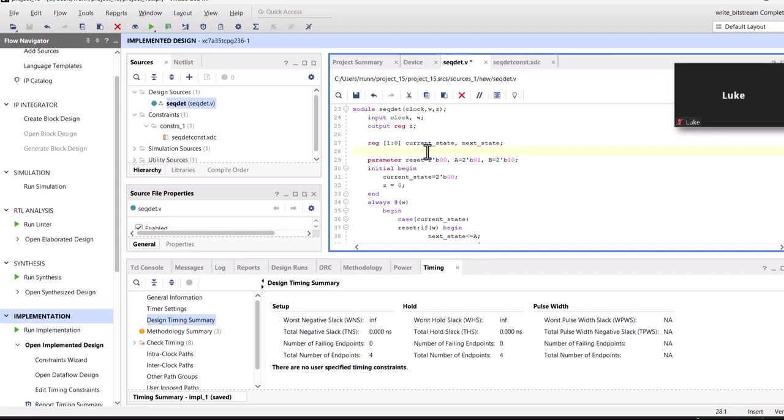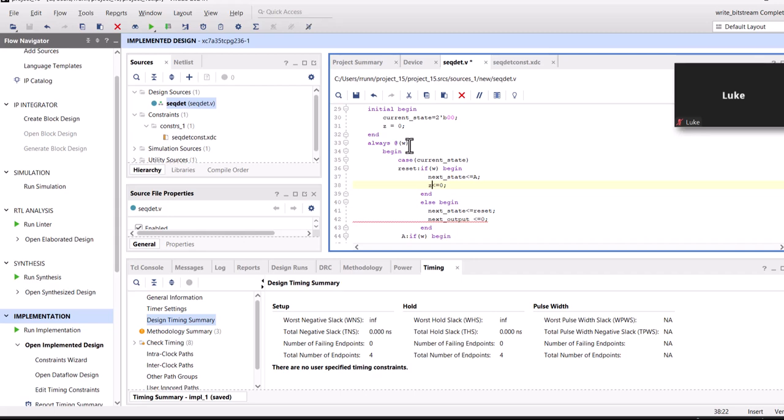So you have your output reg Z, you have your reg current state and next state. I have this initialization where I set my current state to 0, 0, my reset state. You don't have to put that in there, but I put it in just to initialize it, with my output being 0.